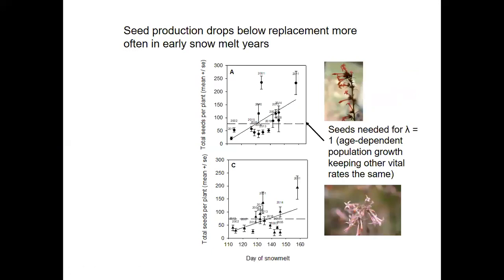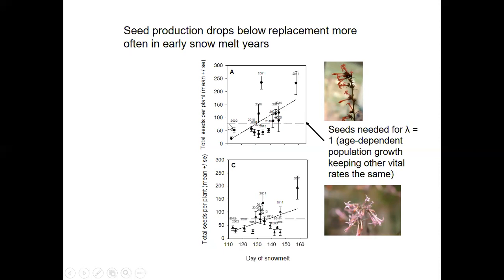So what happens in Ipomopsis, where we are doing this, is first of all, the number of seeds produced by a plant is lower in years with early snowmelt. So we have seeds per plant as a function of day of snowmelt in the spring, with this dashed line indicating the number of seeds that are needed for replacement of the population.